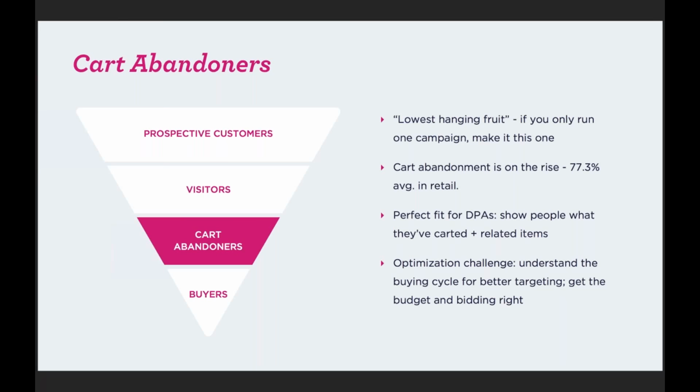This can annoy your cart abandoners, or it can create a negative relevancy score. So be mindful of this. On the flip side, you definitely want to be showing that ad enough times to remind that person that something is in their cart, so that they actually go back and convert.